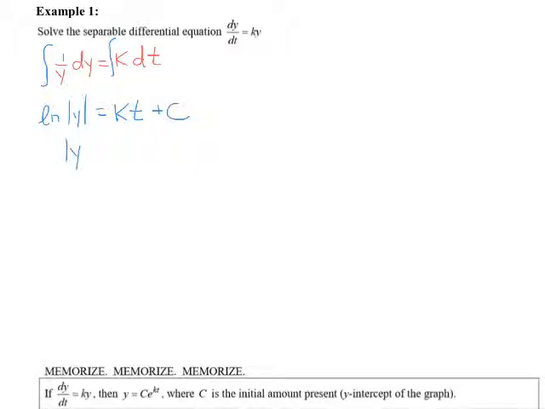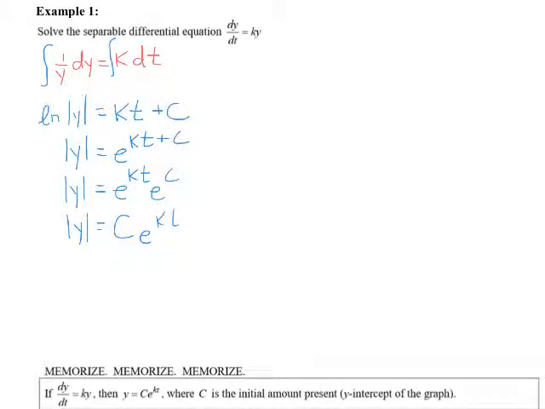Now we want to go through the process of solving this for y. The first step is to exponentiate both sides. Then I'm going to separate that constant from the e to the kt until I have big C e to the kt.